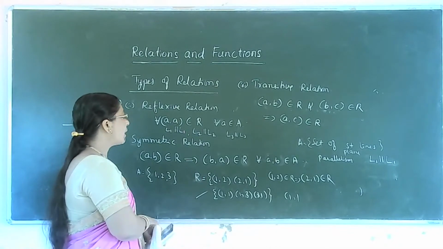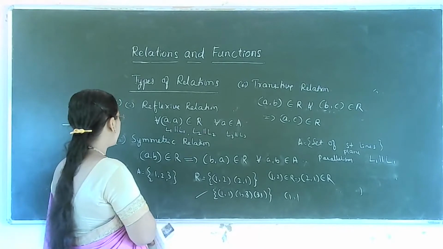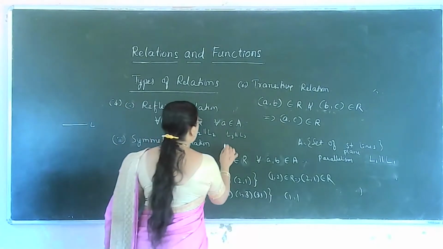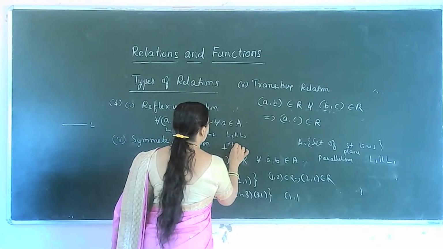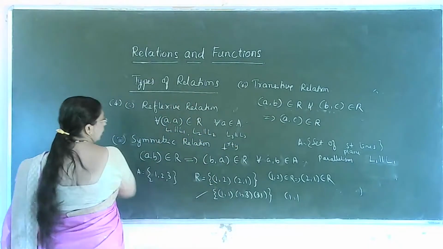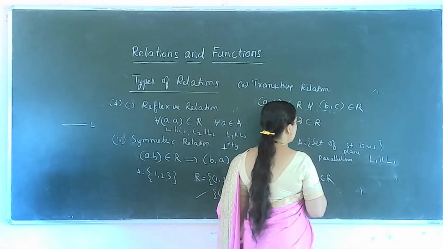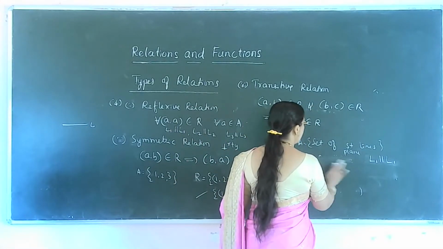Then symmetric relation. Symmetric relation here, perpendicularity. That means A is the set of all straight lines in a plane.